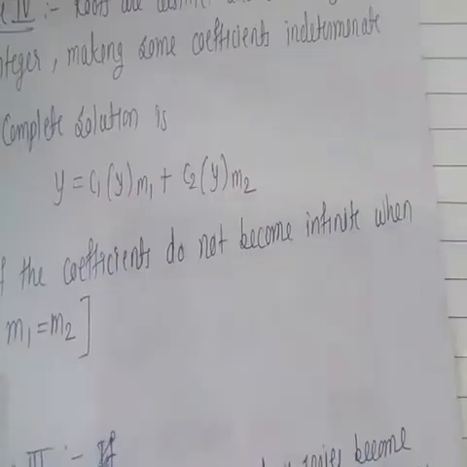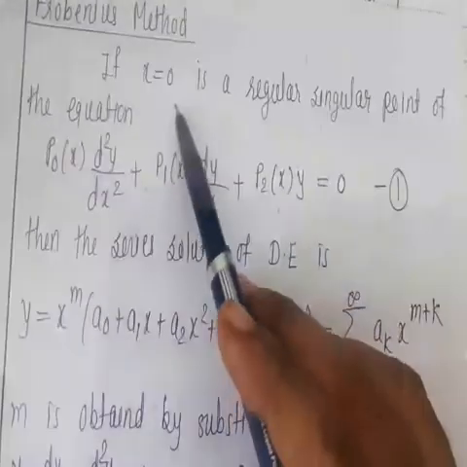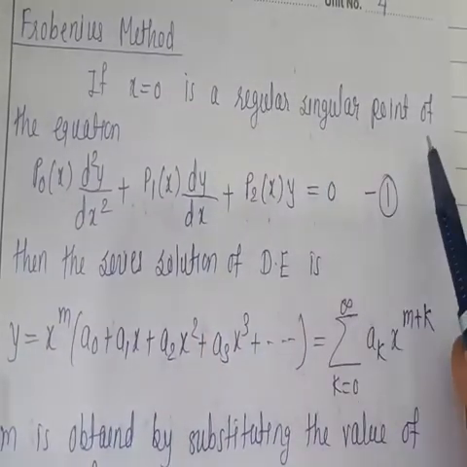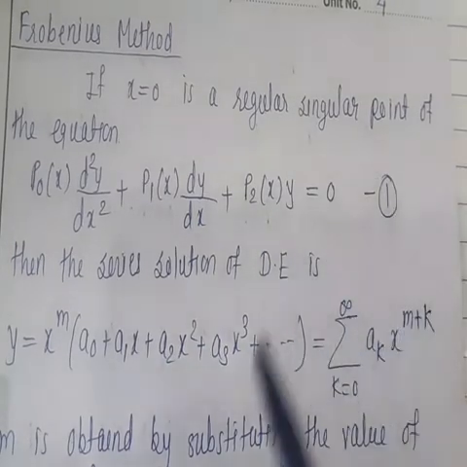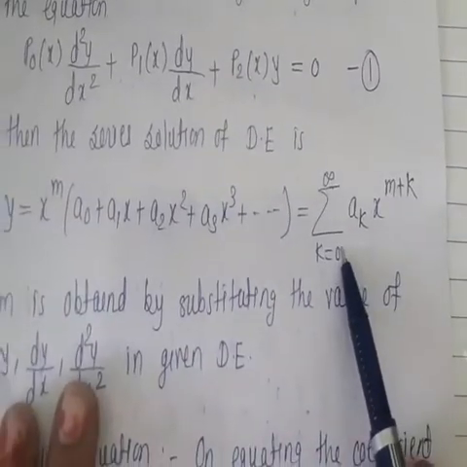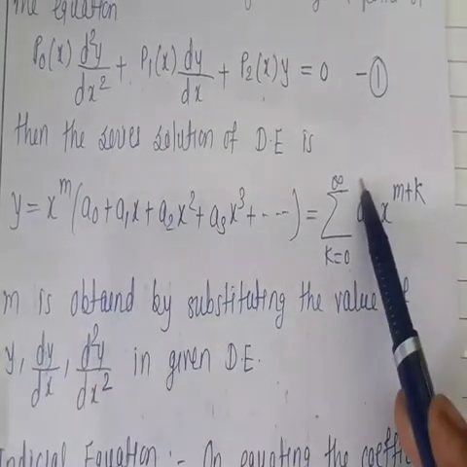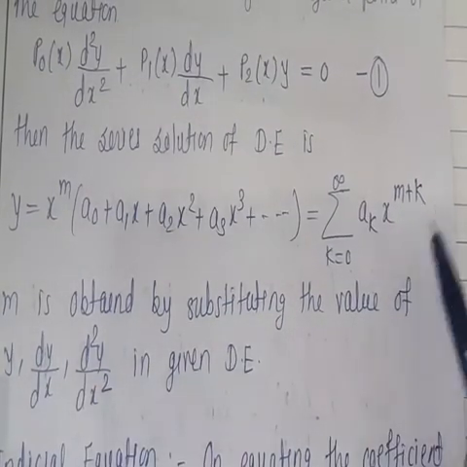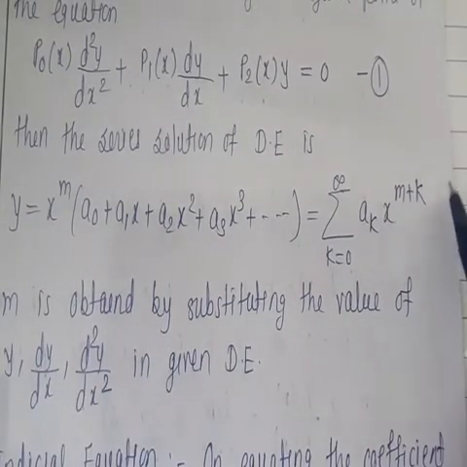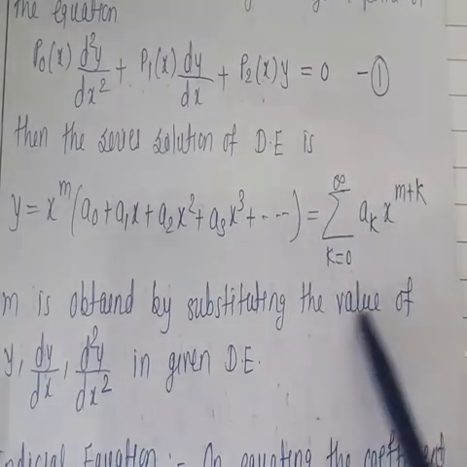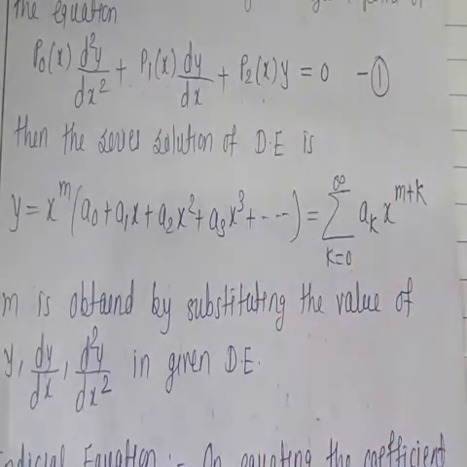So the first thing we have to remember, the Frobenius method is used when x is equal to 0 is a regular singular point. Second, the solution of the Frobenius method can be written as y is equal to summation k is equal to 0 to infinity ak x to the power m plus k. Then we find y dash, y double dash of this term to put in the given equation and we solve as per our power series method only.